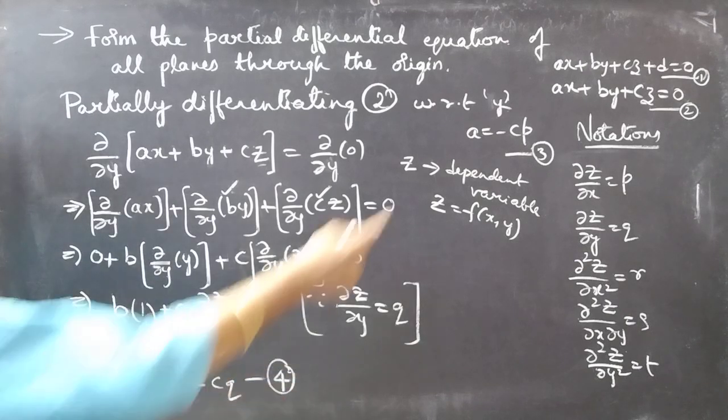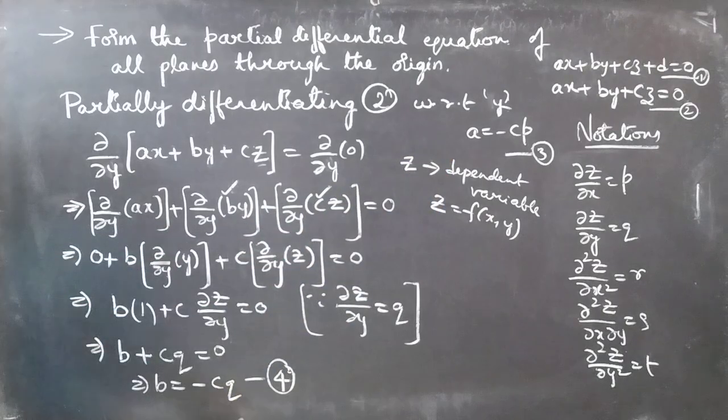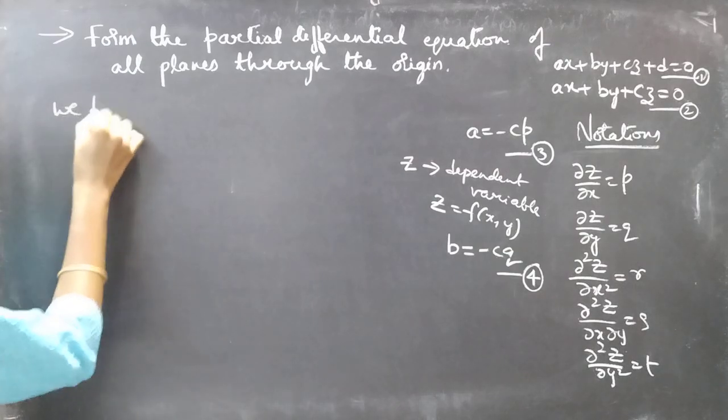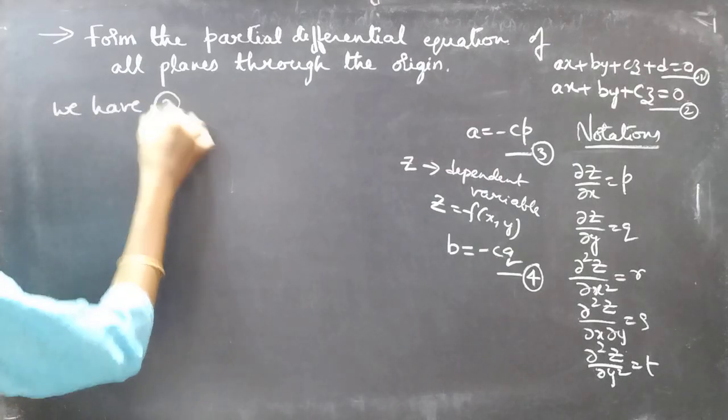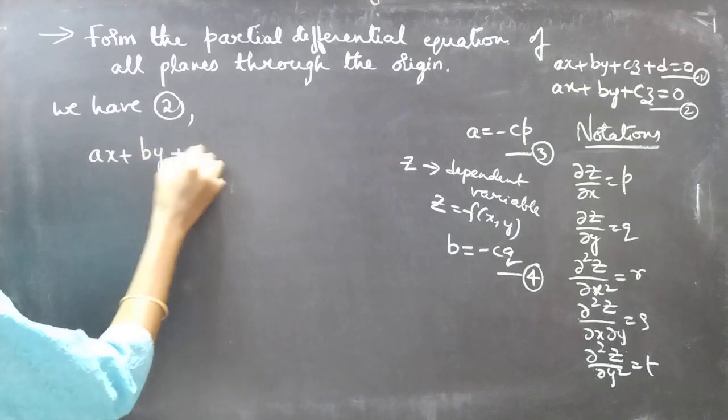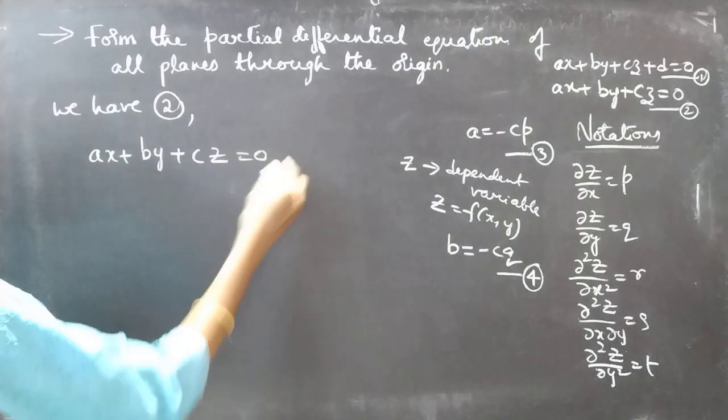Now observe 2, 3 and 4. You have a equal to minus cp and b equal to minus cq. So you can substitute 3 and 4 in equation 2. Let's see what happens if we substitute 3 and 4 in 2. We have equation 2, that is ax plus by plus cz equal to 0, right?